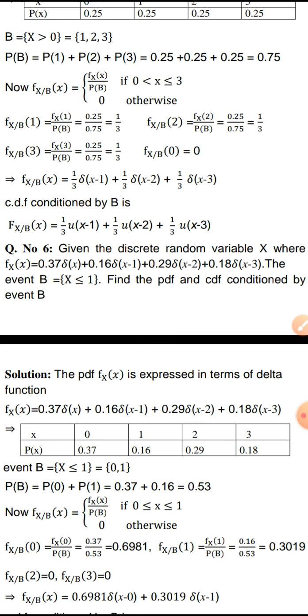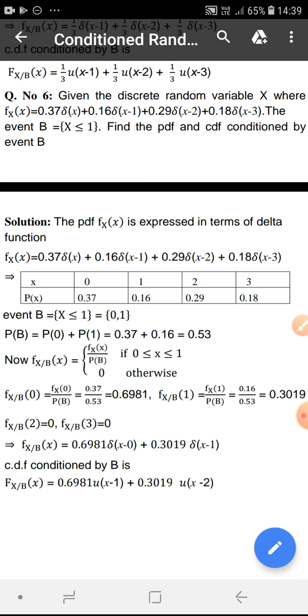Delta of x minus 2 means x will be 2 and the probability is 0.29. Delta of x minus 3, so the next x value will be 3 and the probability is 0.18. So for the discrete random variable x, the values of x are 0, 1, 2, 3. Corresponding probabilities are 0.37, 0.16, 0.29, 0.18.